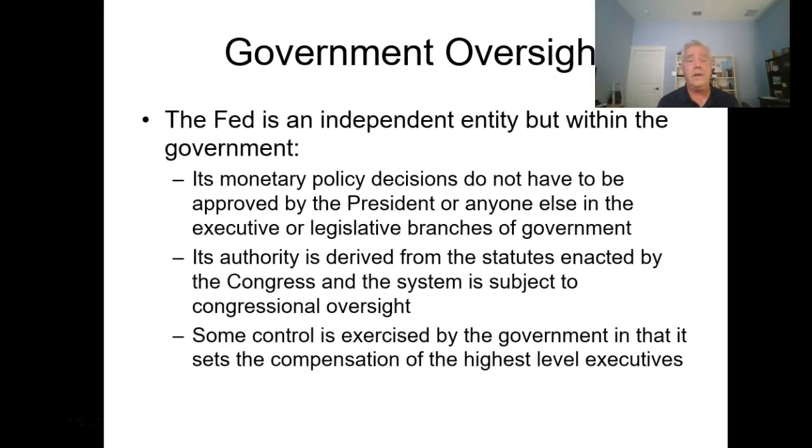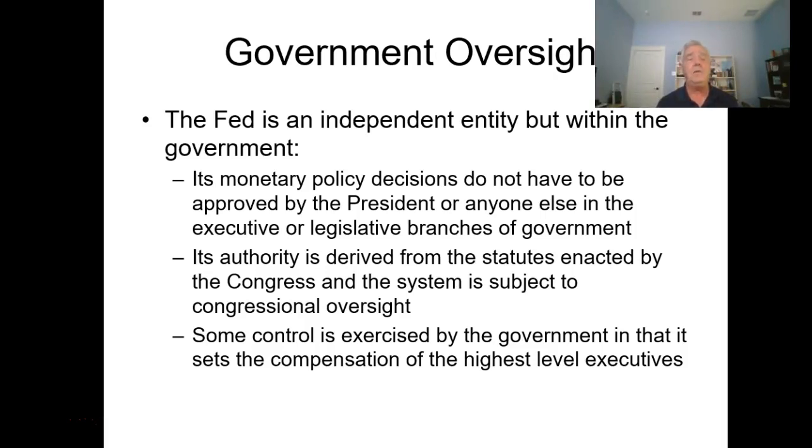Okay, it's independent. Monetary decisions don't have to be approved by the President of the United States. In other words, the Federal Reserve makes decisions and institutes policy and impacts interest rates, the branch banks, etc., without the approval of the President or anybody else. So where does it get the power to do this?